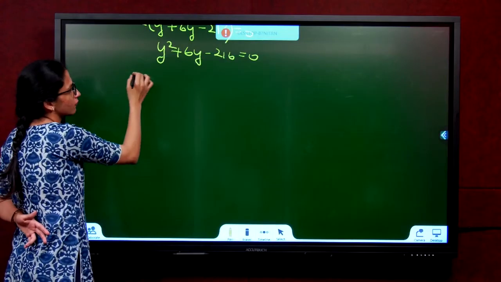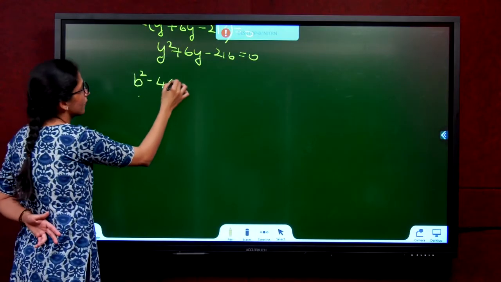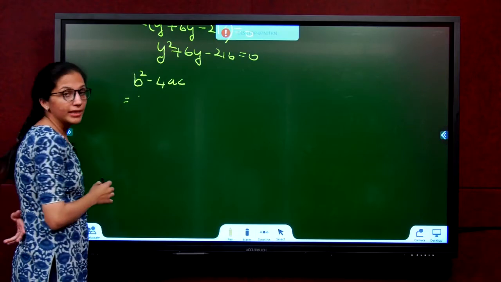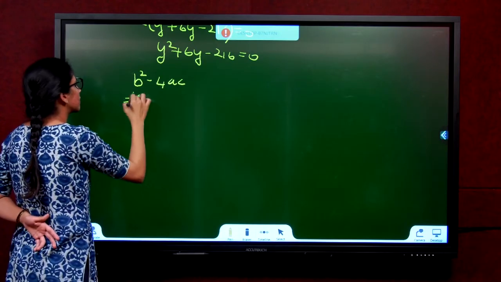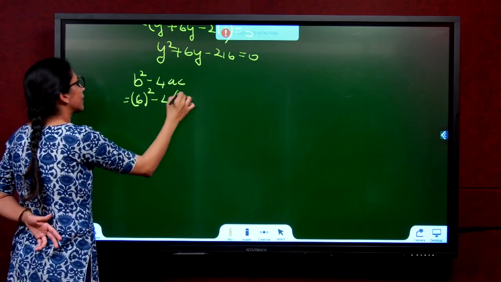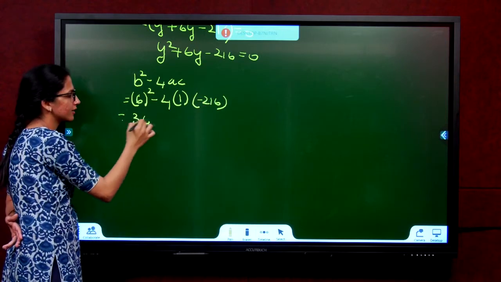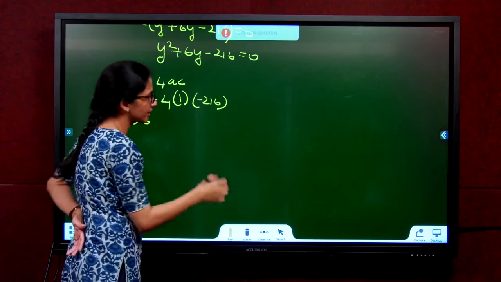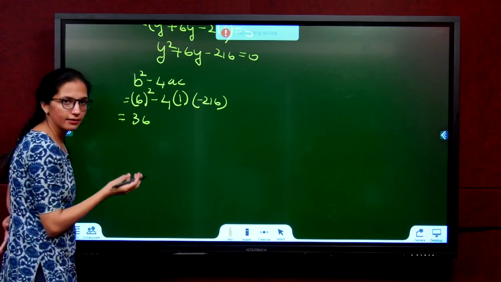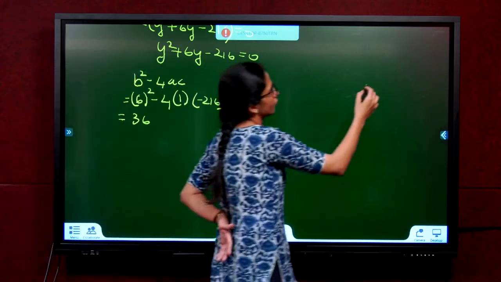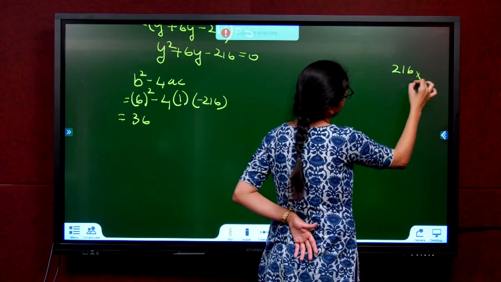What will be my quadratic formula? First we do b square minus 4ac. b square, 6 square, minus 4, a is 1, c is minus 216. 6 square is 36. 4 into 216: 4 into 200 is 800, 16 into 4 is 64. You can do it like that or directly multiply.